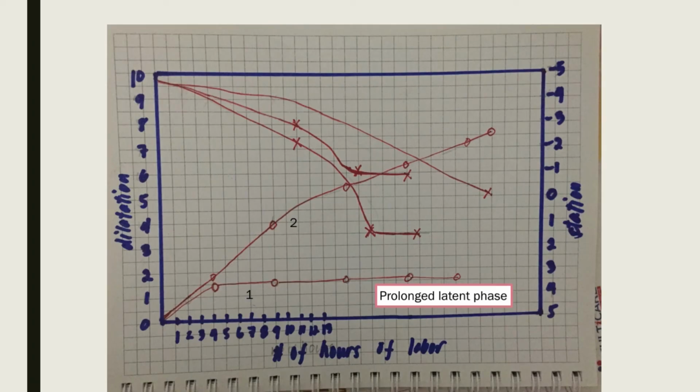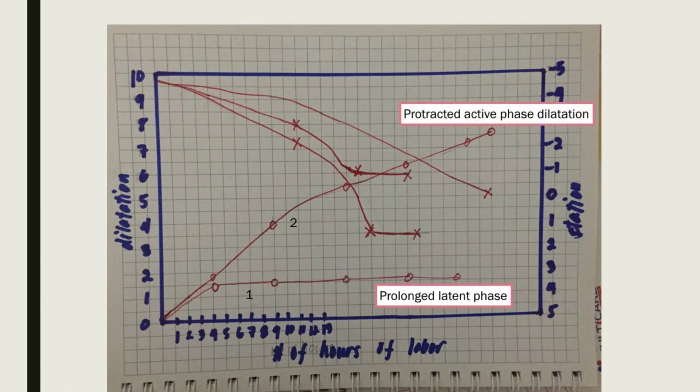As you can see, the curve is leaning more towards the right, and it has almost lost its sigmoid shape because it's almost flattening towards the right. So that is a telltale sign that this is a protracted or a slow cervical dilatation. So we read this as protracted active phase of dilatation.